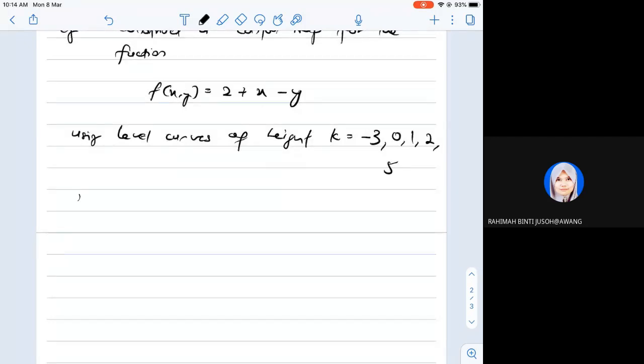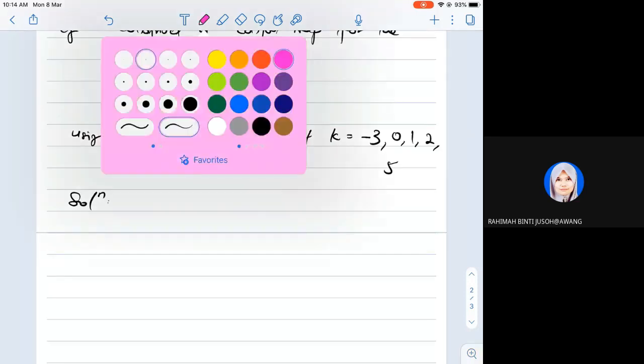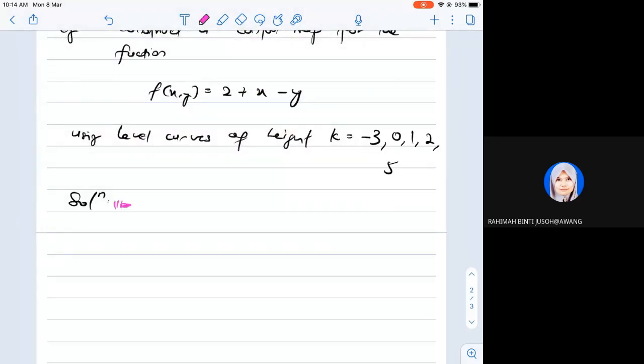Alright, so now first step kita buat apa, guys? Saya ajar tadi. First step. What you should do in order to sketch the level curves? We let z equals to f(x,y), isn't it? Equals to k.